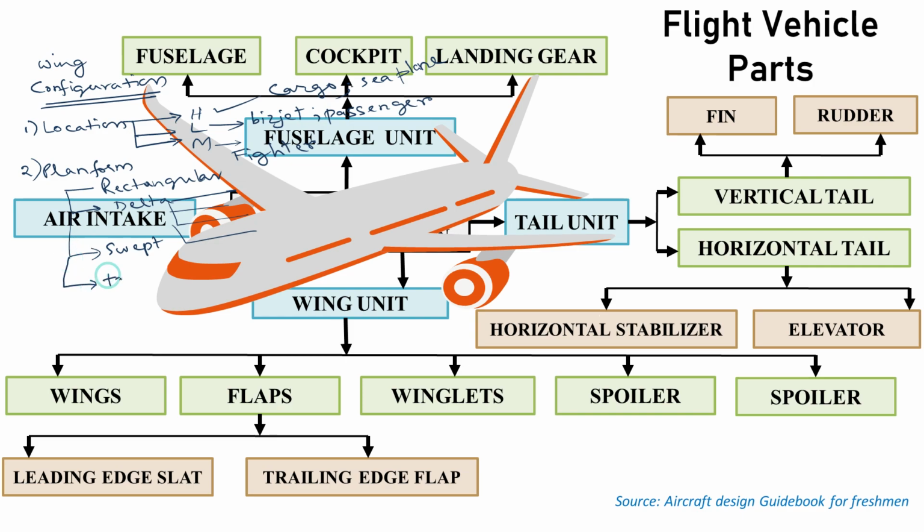Then we have tapered wing, elliptical wing. Here first we'll not go much in depth, we'll only discuss the applications based on the platform. Where can you see the rectangular wing? Give me a few examples of rectangular wing.